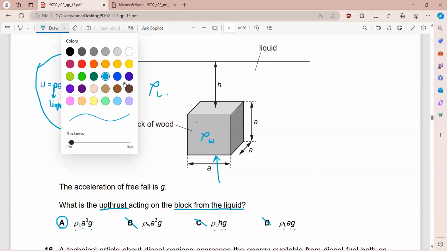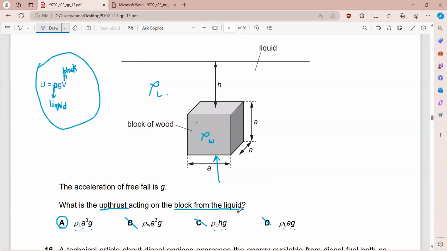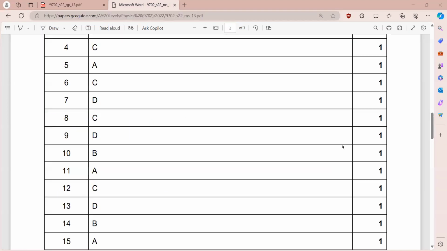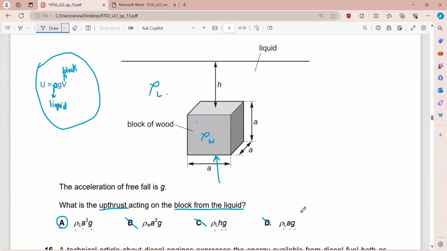Now let's check our answers against the mark scheme. One minute. Okay, so I'm going to mark from 15 to 11. So 15A, that's correct.